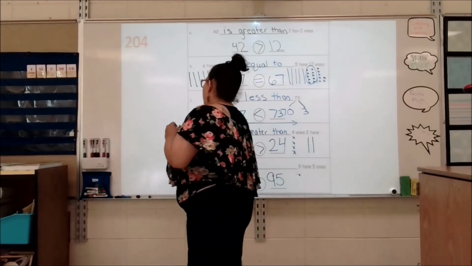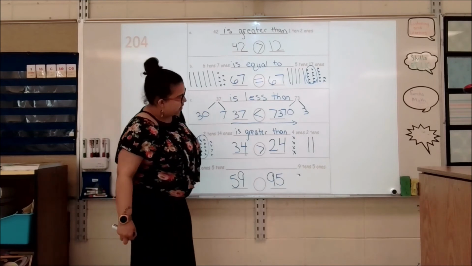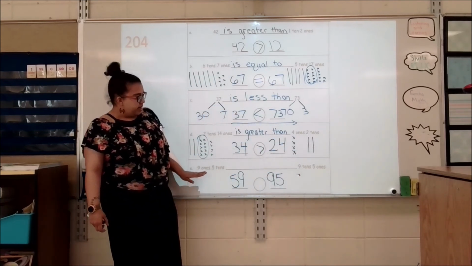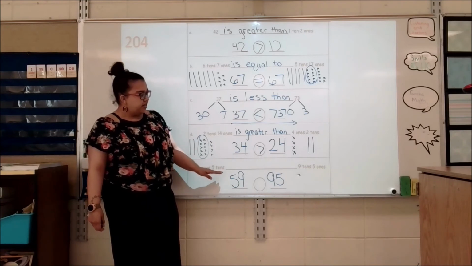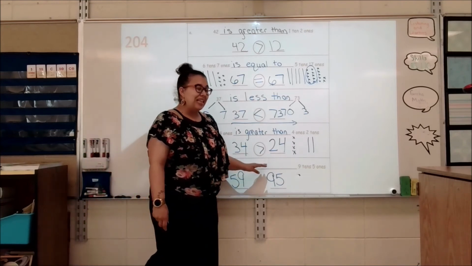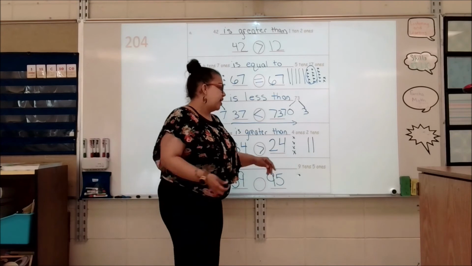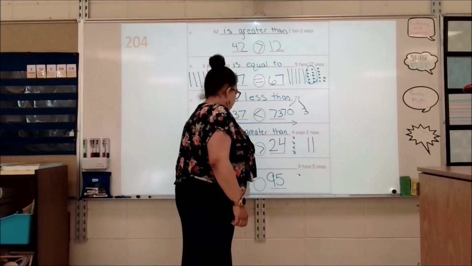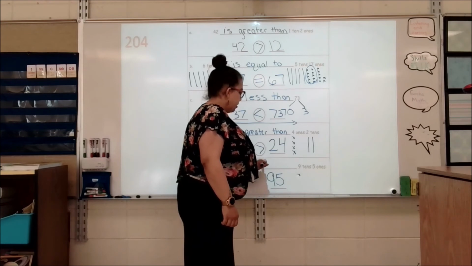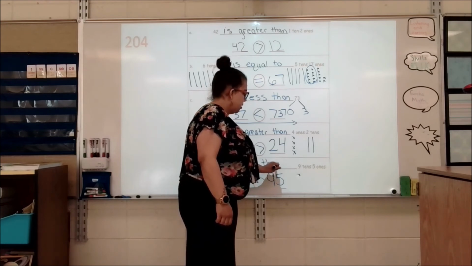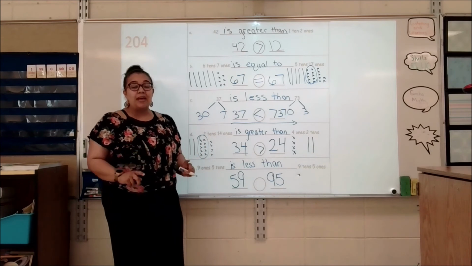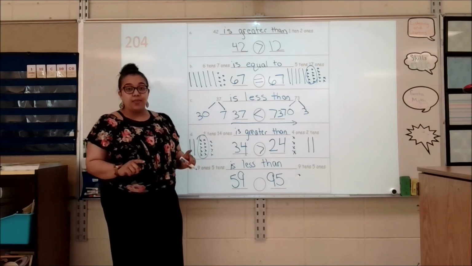So reading from left to right, we're going to complete this: 9 1s, 5 10s is less than 9 10s, 5 1s. Which symbol matches that?